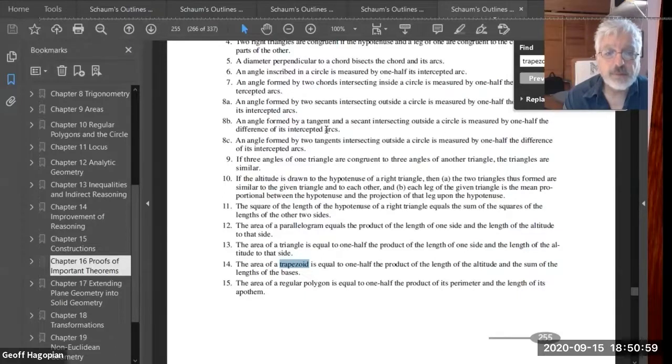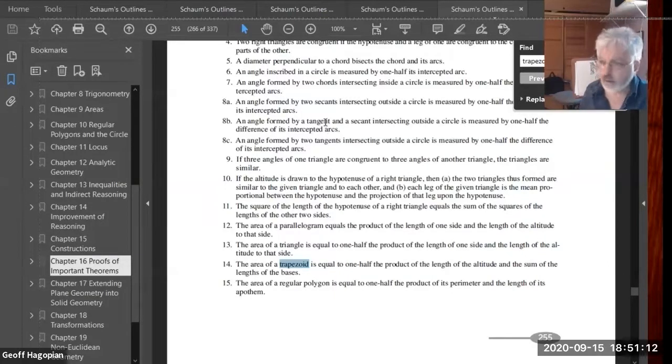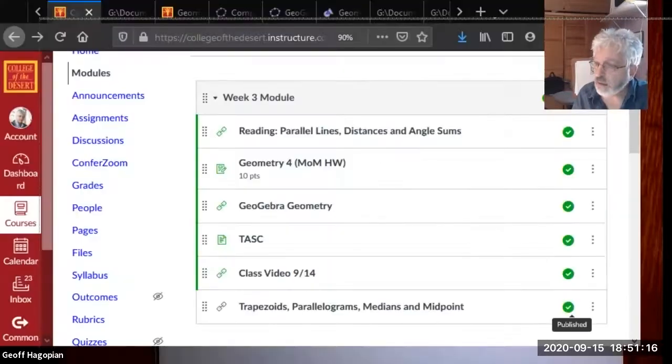Okay, so how do we prove this? So we try to prove it by hand. The base angles of an isosceles triangle are congruent. Let's give it a whirl. And for that, I want to go to the DocuCam, I believe. Do I have that here? No.